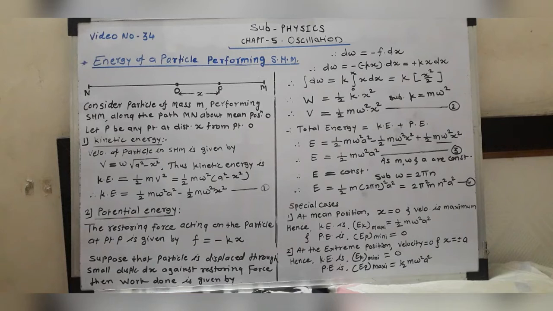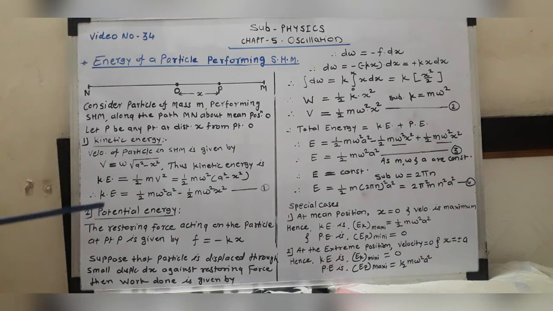In general, we know that the formula for the kinetic energy is K is equal to 1/2 mv square. Then substituting the value of v, that is omega under root a square minus x square, and squaring, the square root is removed, so v square is omega square into a square minus x square. Therefore, directly we substitute: K is equal to 1/2 m omega square into bracket a square minus x square.